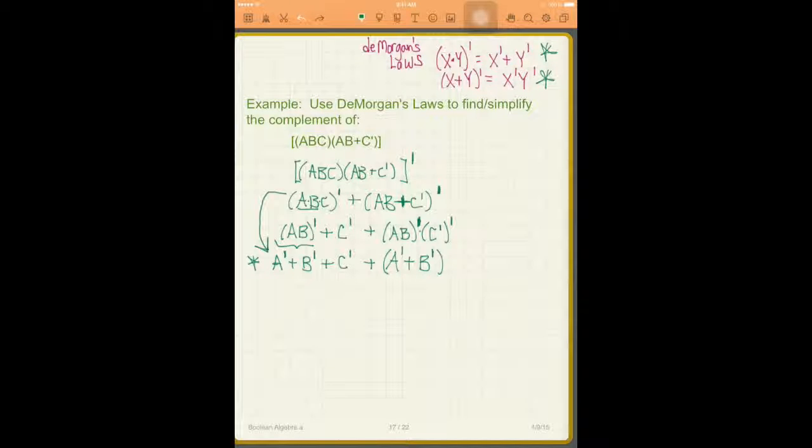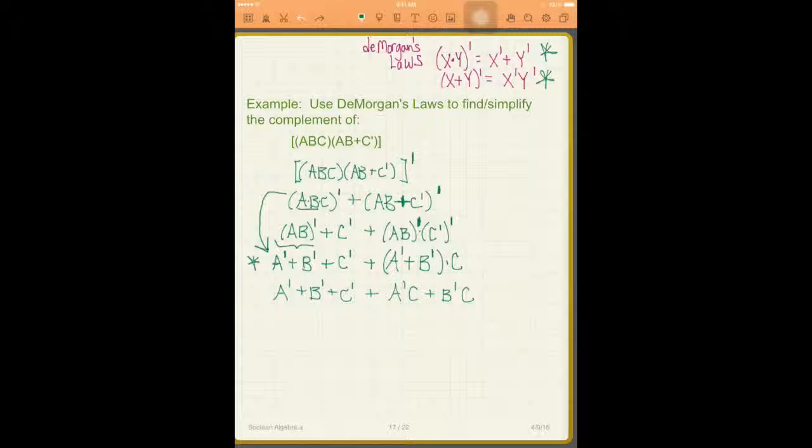What is C complement complement? It's just C, so there I've used the double complement rule. At this step, we could just distribute this times C. I'm going to copy everything down, and I get A complement C plus B complement C.